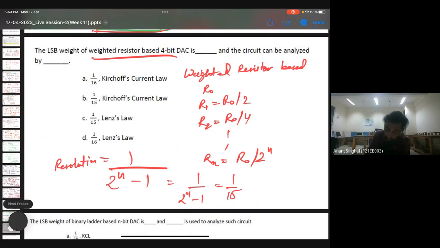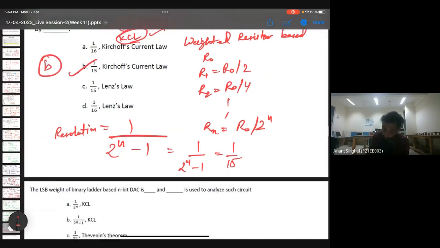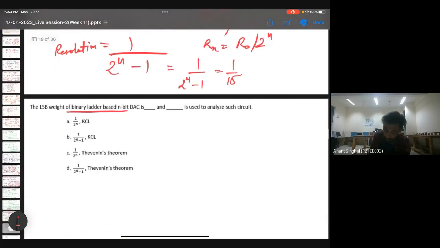And this weighted register works on the principle of KCL. We'll calculate some questions on the basis of KCL in the upcoming questions. So the correct answer to this question is option B. In the next question, we can do it here only. It is asking for the binary ladder network, which is the R2R ladder.